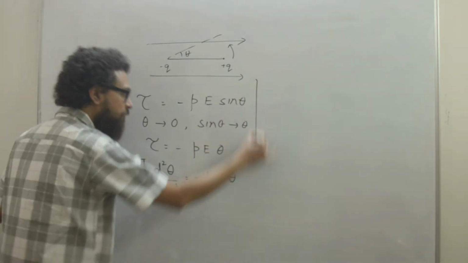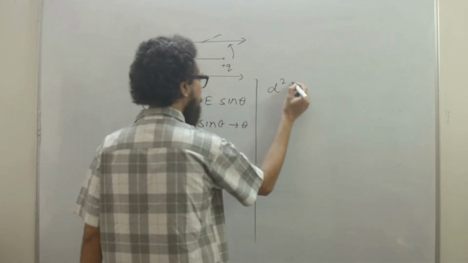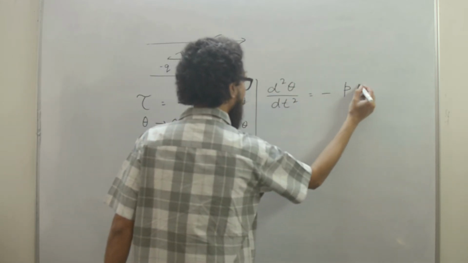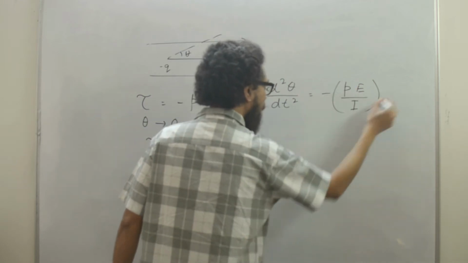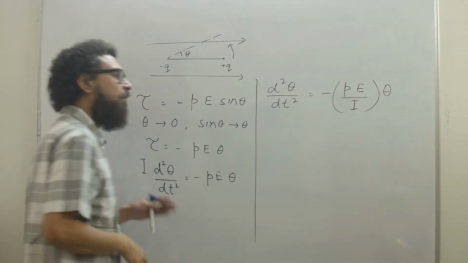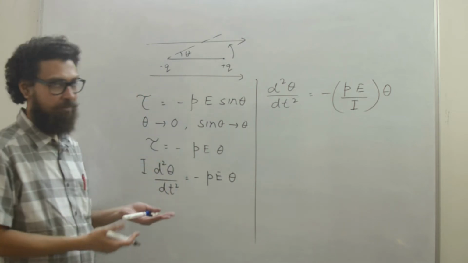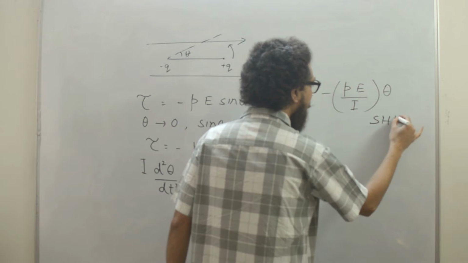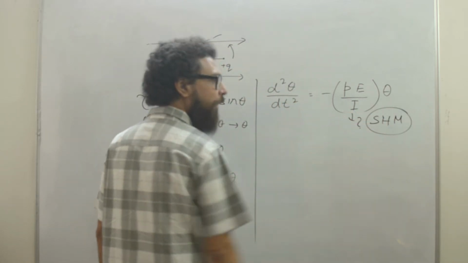Alright, so what comes next? What I can say is d2 theta by dt square is equal to minus PE by I, the whole into theta. Perhaps I need not even tell you that this is again SHM. Yes, great. So SHM again, and this is omega square.